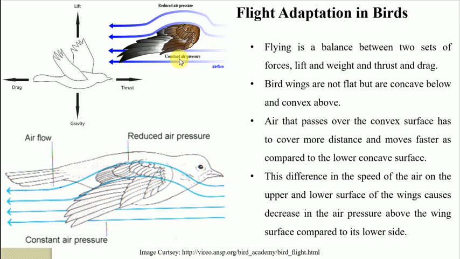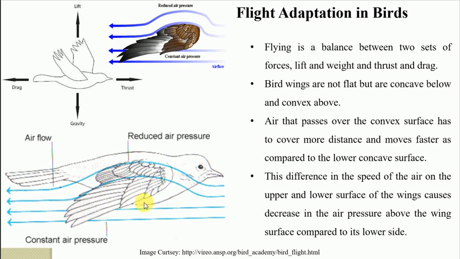So here in both diagrams you can see the air current, or the direction of the air. The flow of air from below the wing, on the ventral side, is straight and comparatively slow. But the flow of air from the above side of the wing, the convex surface, has to cover more distance as compared to the air which passes below the wing.